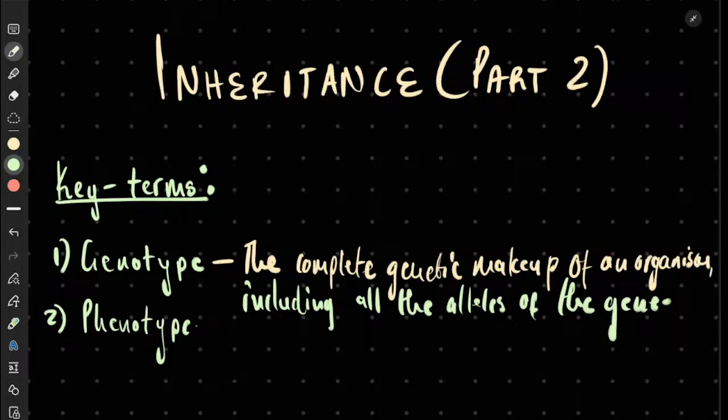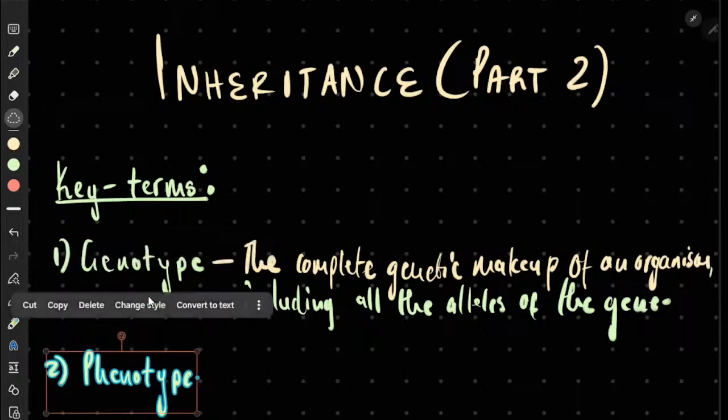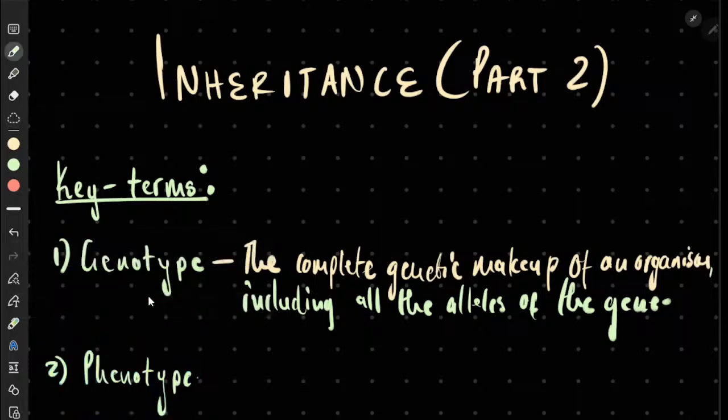So when we say genotype, we are talking about the things that are inside of you. Some of them are there, but we can't see them. They are not expressed, but they'll be there. We'll see a way of checking. But everybody, please remember that when we say genotype, we're talking about everything that is inside of you in terms of genes. You can have the gene for black hair and the gene for red hair.